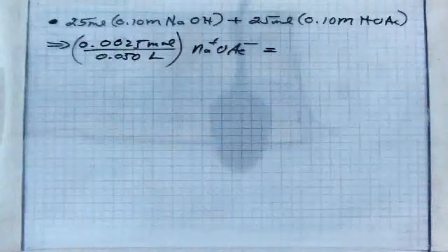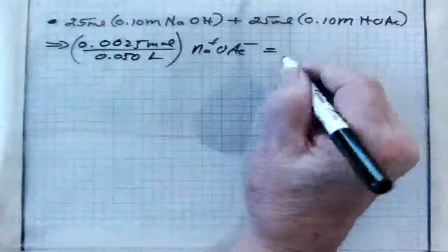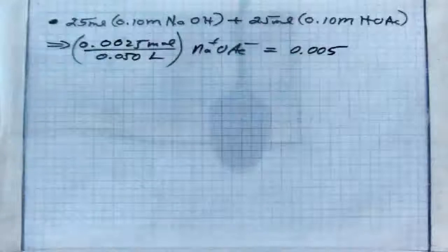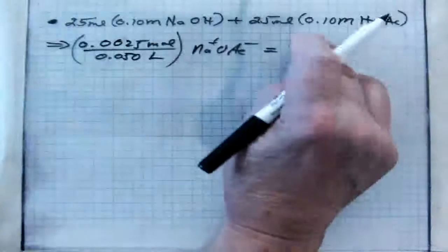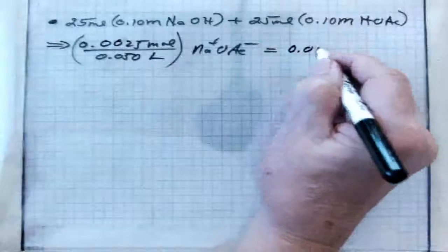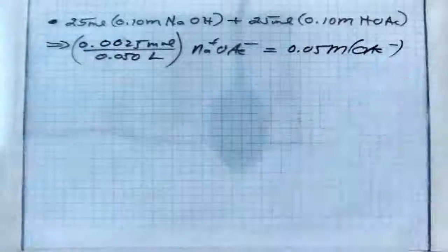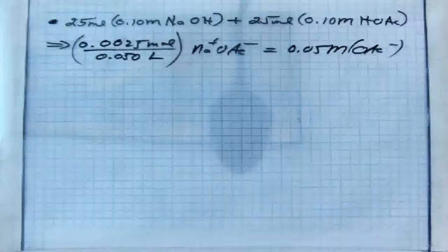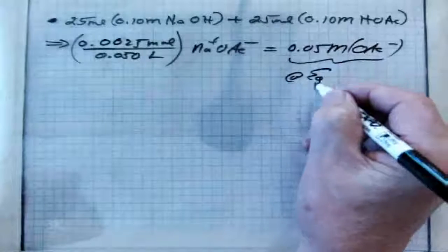That's what I want to be sure I've got the right number on. And so that is a 0.05 molar OAc minus. Right there. Double check. Yeah, 0.05 molar. So this is at equivalence point.